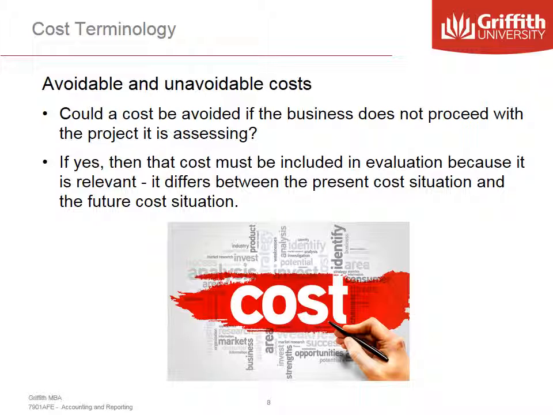They're going to be the same, and therefore they're not relevant to the decision. So could a cost be avoided? If the answer is yes, then it has the potential to be different, and so it's relevant. Can a cost be avoided and the answer is no, in other words, it's unavoidable, then it's no part of your decision.